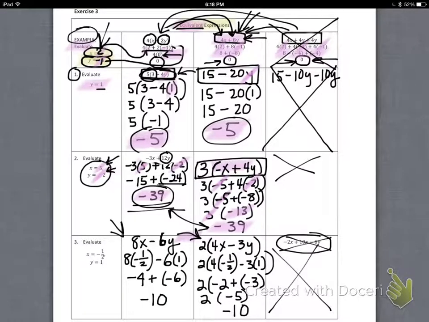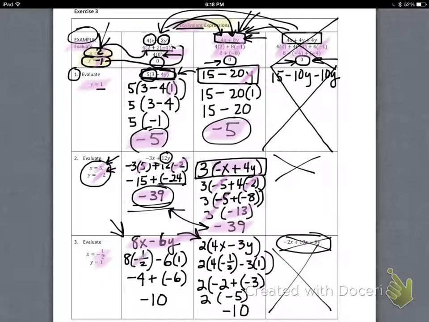So if I'm going to evaluate the first expression that I gave you before, 8x minus 6y, right here, I'm going to use my values of negative 1/2 for x, 1 for y. And again, these fractions are not going away. They are sticking around. So work with them, get used to them. Yeah, and hopefully they're not going to trip you up.